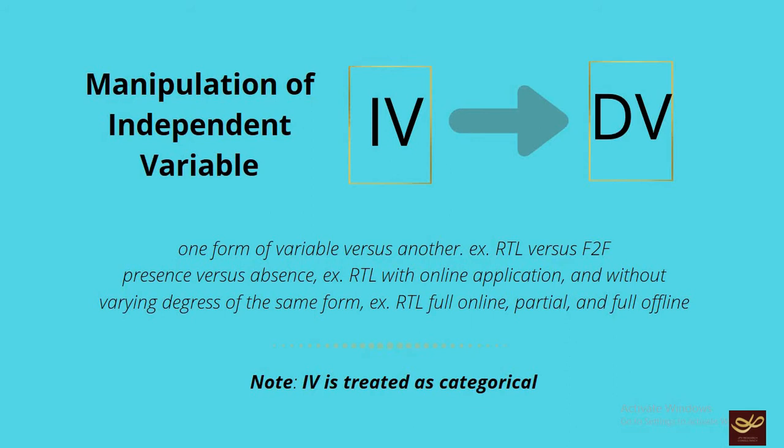In terms of presence versus absence, you can think of one group to have received remote teaching and learning with online application, and another group also receiving remote teaching and learning but with no online applications. The third one, the varying degrees of the same form: all receive remote teaching and learning, but the degree of online applications varies.